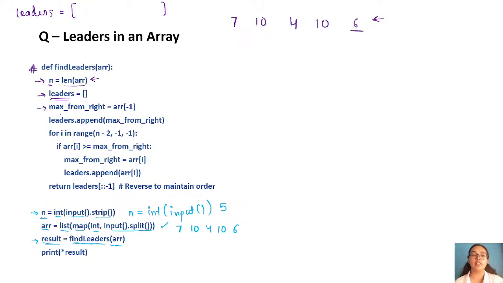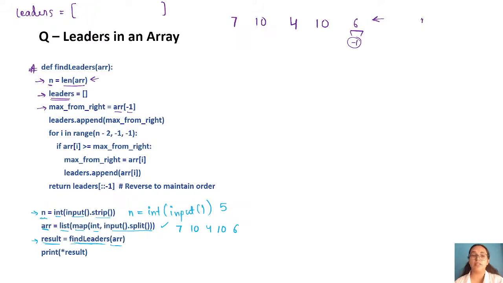Now what we are doing is max from right. We have taken one element where we will be storing, every time, whatever the maximum element is that we get. But for now we can assume that the last element of the array, the rightmost element, is the largest. So in my max from right variable, I stored array of -1. Array of -1 is this particular value 6.